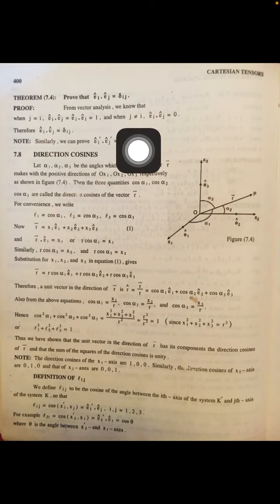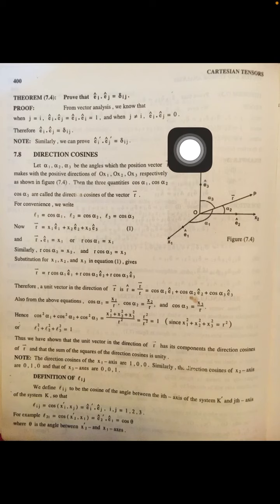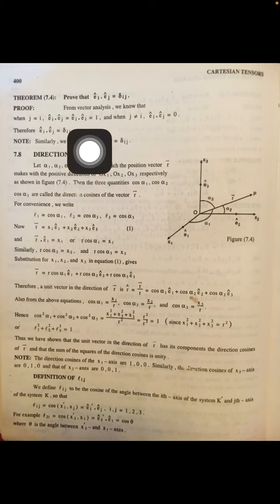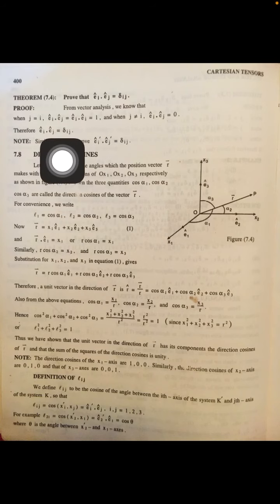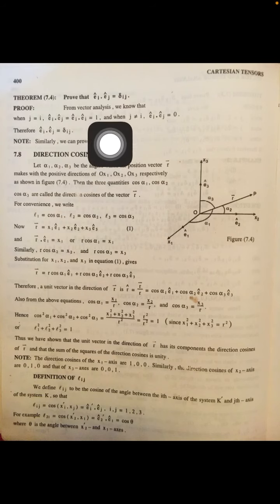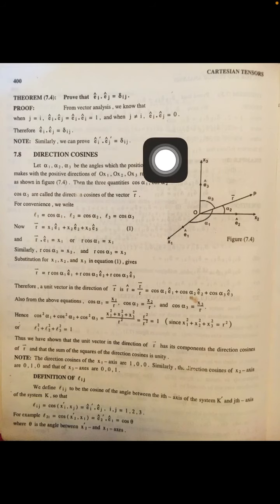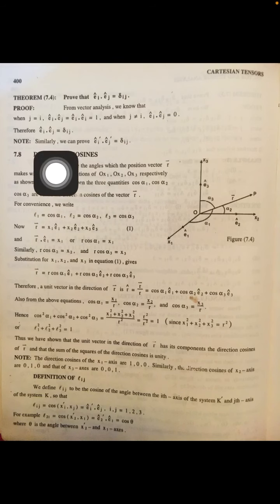And if i and j are not equal, that means if we take the dot product of two different unit vectors, then the result is 0. So this is basically the definition of the Kronecker delta. We discussed earlier that when i equals j, their dot product is 1, and when i not equals j, the result is 0. So we can say that ei dot ej is equal to delta ij.